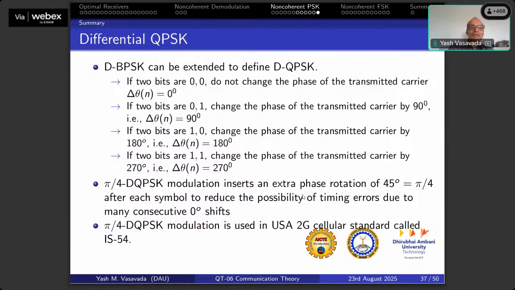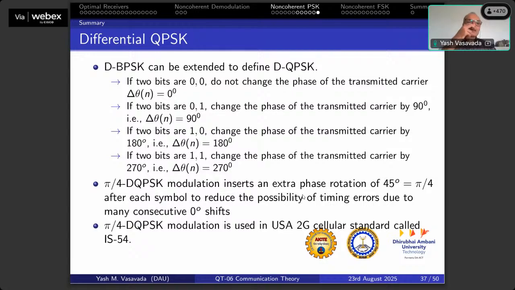Now, this non-coherent approach, which does not require to be concerned with estimating the channel phases, is not proprietary only of BPSK. You can apply it to QPSK, you can apply it to 8-ary PSK, and so forth.